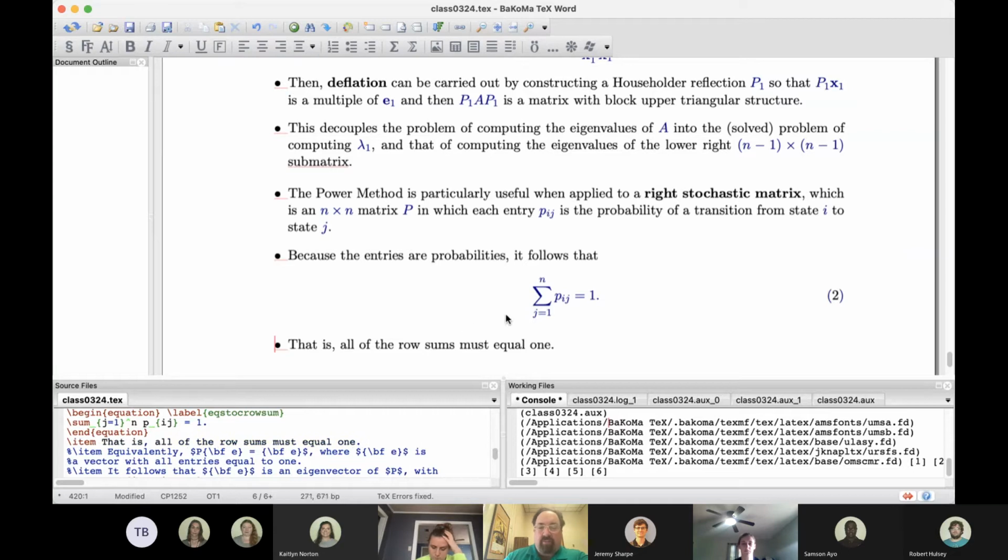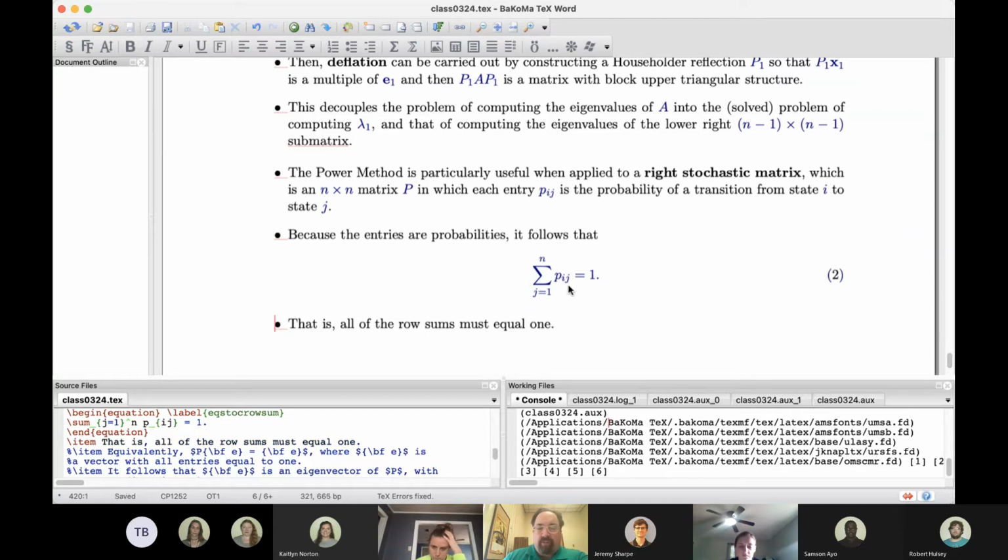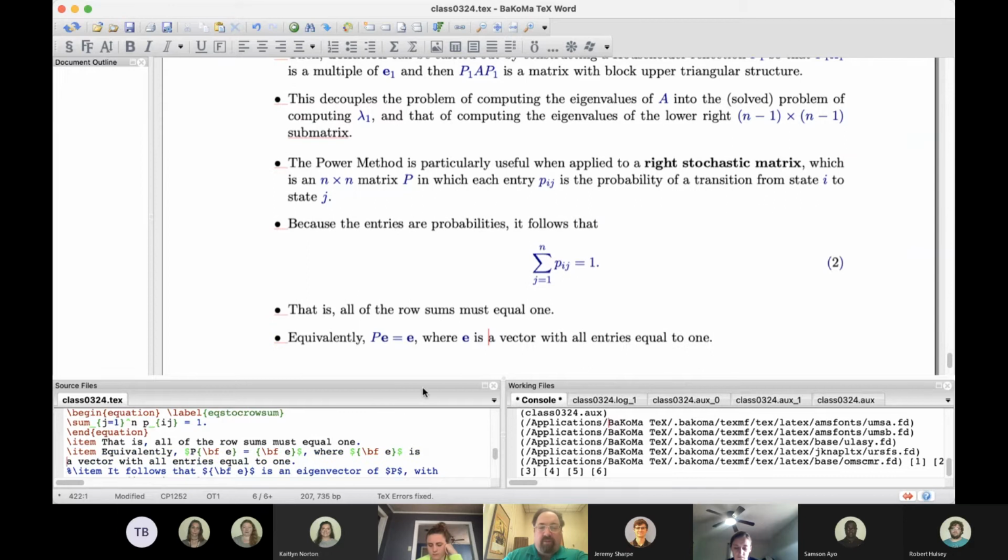Now, when you have a situation where all of the row sums of a matrix are the same, taking the row sums is the same as multiplying by a vector of all ones. So what you end up with on the other side of this equation is a vector consisting of the row sums.